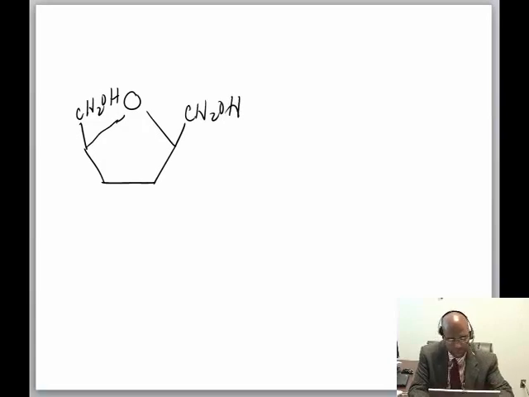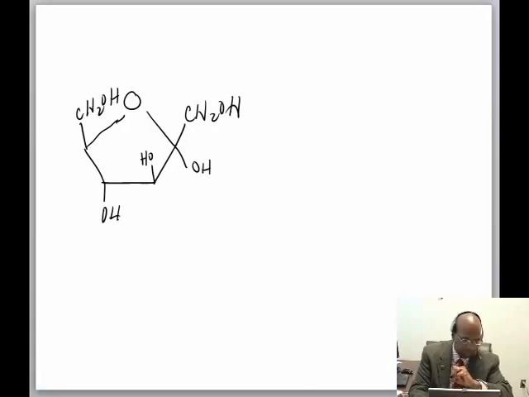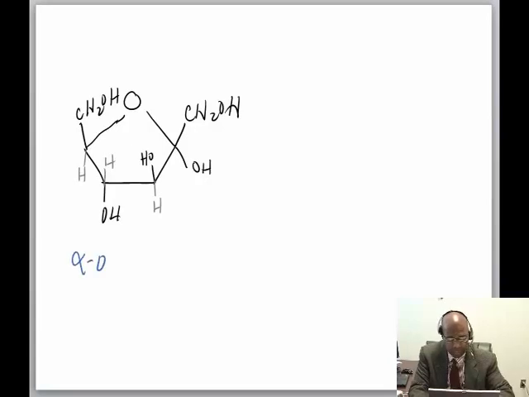Let's put now our hydroxyls, OH, and we'll put this one down, and that should be it. Alpha D fructofuranose. That's the name of it, but for now we're just going to call it alpha D fructose.